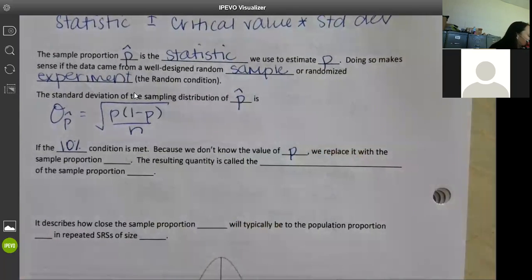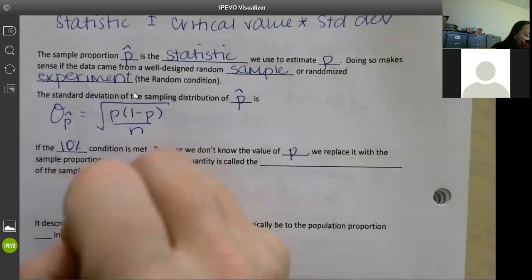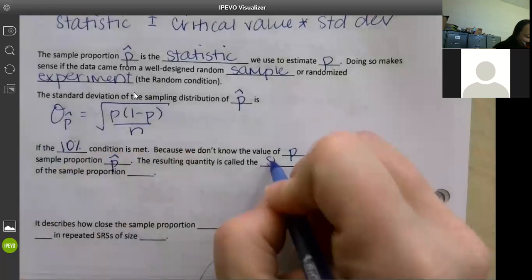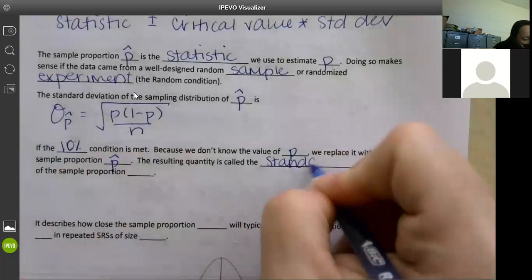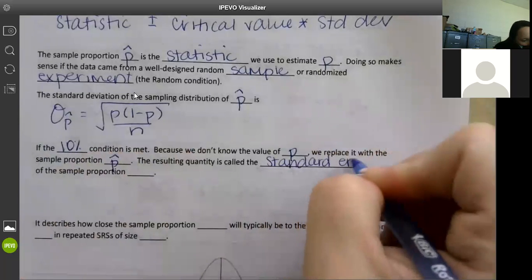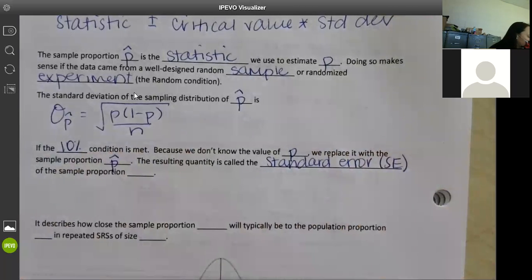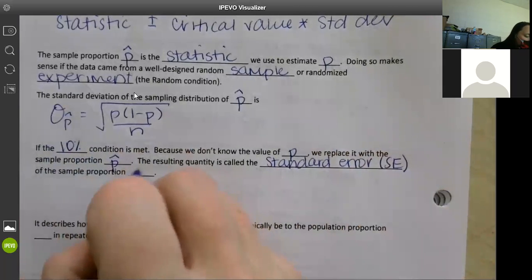Because we don't know the value of P, we replace it with the sample proportion P hat. The resulting quantity is called the standard error for the sample proportion P hat.